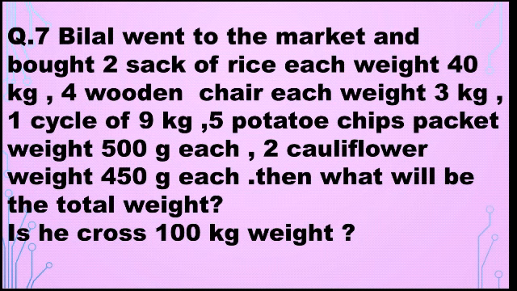Then what will be the total weight Bilal is carrying, and does he cross 100 kg? So first you have to find out the total weight Bilal carries, and second, you have to find out whether Bilal is carrying more than 100 kg.